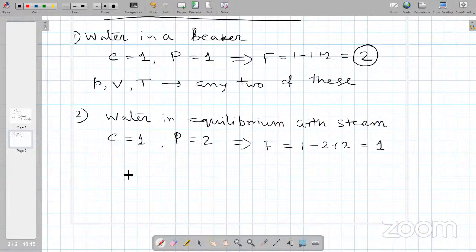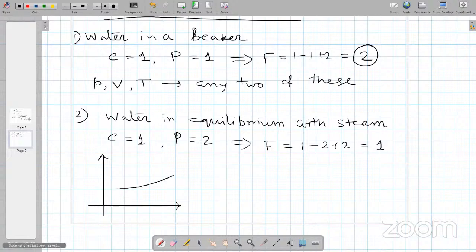Why is it so? Because if we look at the phase diagram, please remember that liquid-vapor is actually a first order phase transition. So this is defined by a phase line. Here it is liquid, and above here it is steam or vapor.